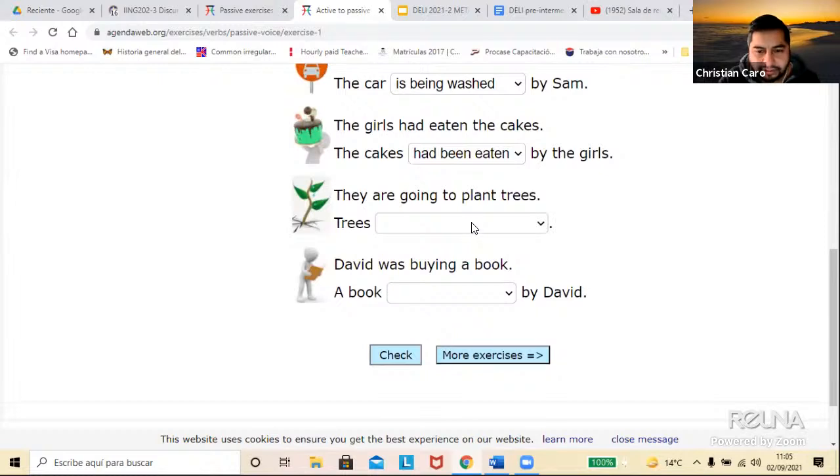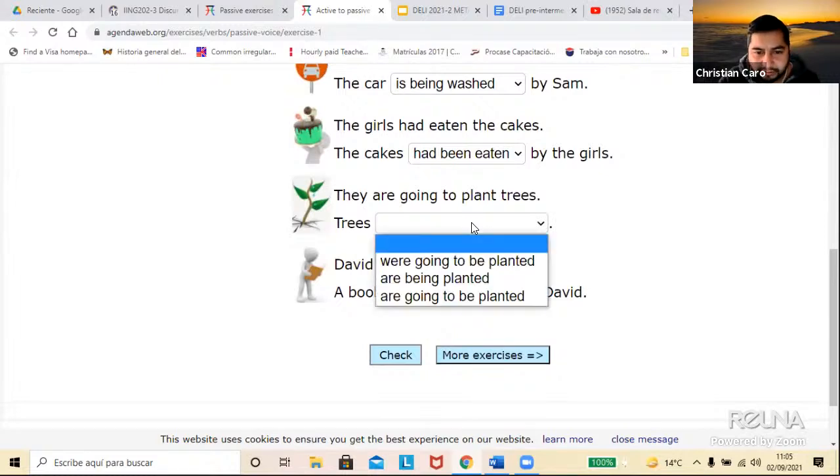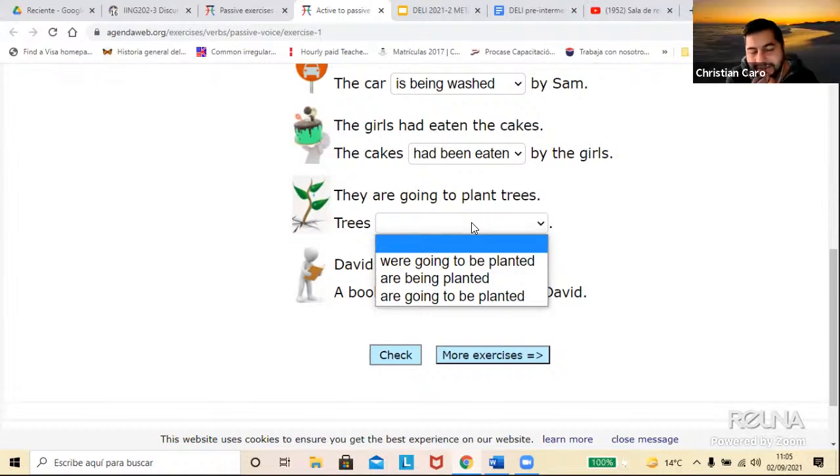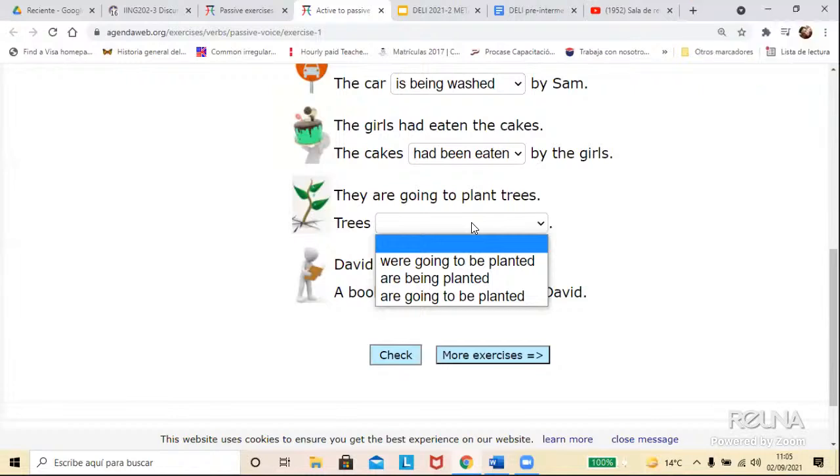They're going to plant the trees, and they're going to plant trees. They're going to plant trees, yeah. Entonces, tenemos que passive dice trees were going to be planted, trees are being planted, and trees are going to be planted. So you got to choose.